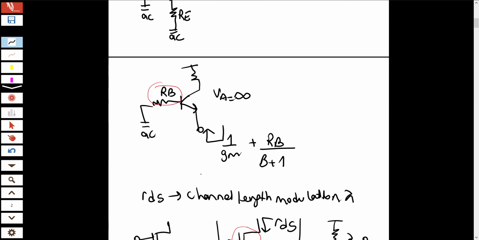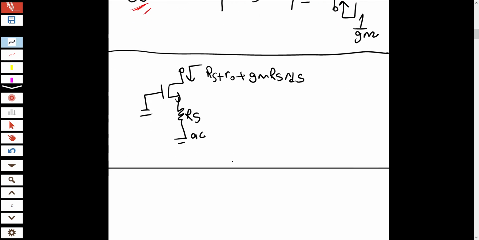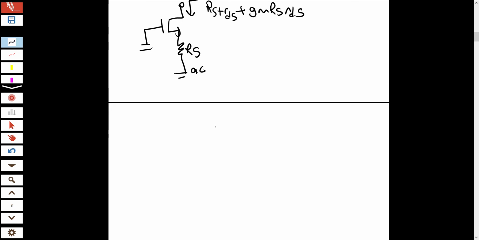Okay, so in MOSFET equivalent, what we see is R_S plus r_ds plus gm R_S r_ds, what we see from the output of the MOSFET. So that's it, guys. These input and output resistances, we will use a lot.